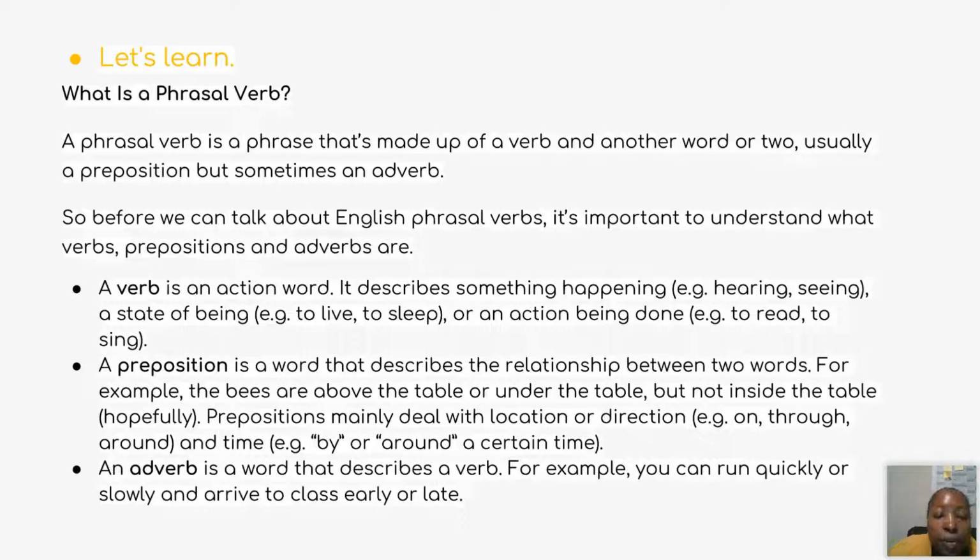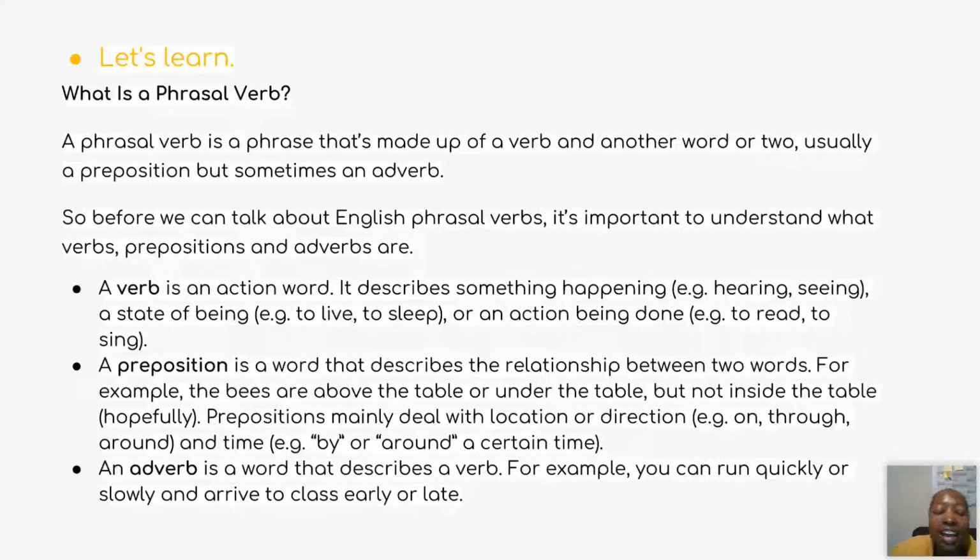A preposition is a word that describes the relationship between two words. For example, the bees are above the table or under the table, but not inside the table. Prepositions mainly deal with location or direction. For example, on, through, around, and for example, at a time, by 7 o'clock, around 10 o'clock, or at a certain time, okay?